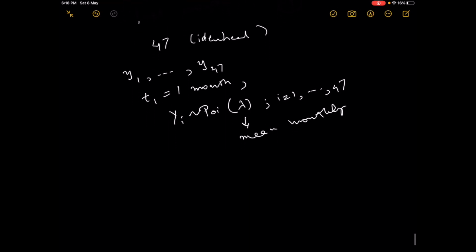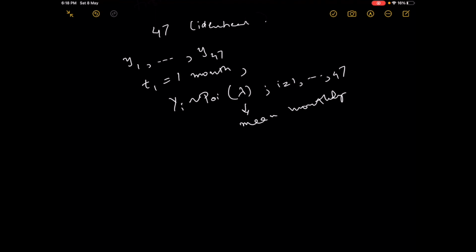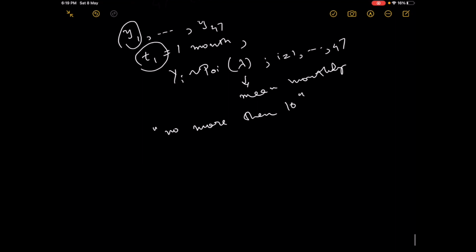Now, engineers who work on this have some information from their own experience working with similar SMPs, and they expect that there should be no more than 10 failures for each component in the first month of operation. So going by this, we can take any prior.